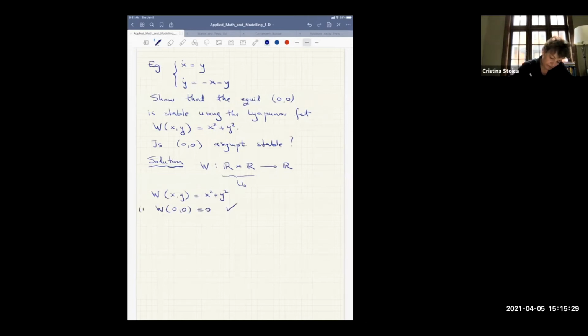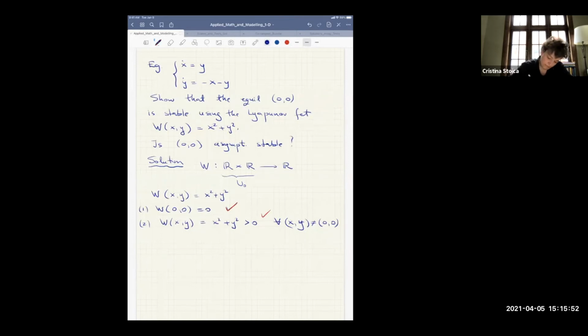So that's 1. 2, W of x, y is x squared plus y squared, which is positive for any x, y that is not (0, 0). Check 1, check 2.